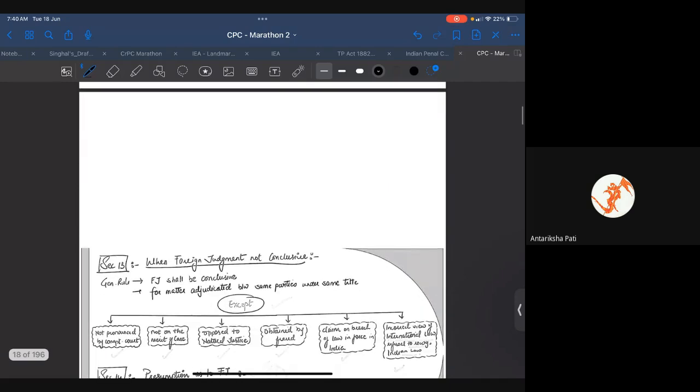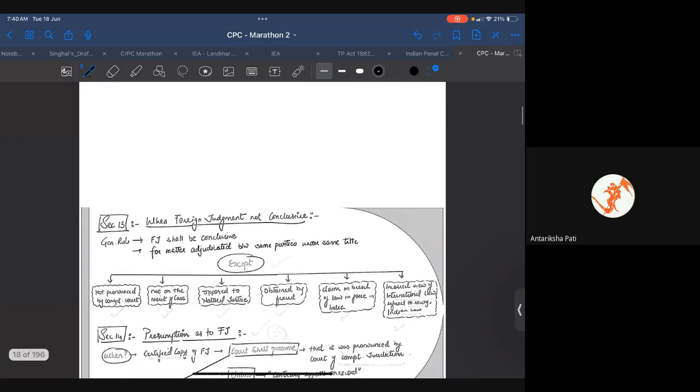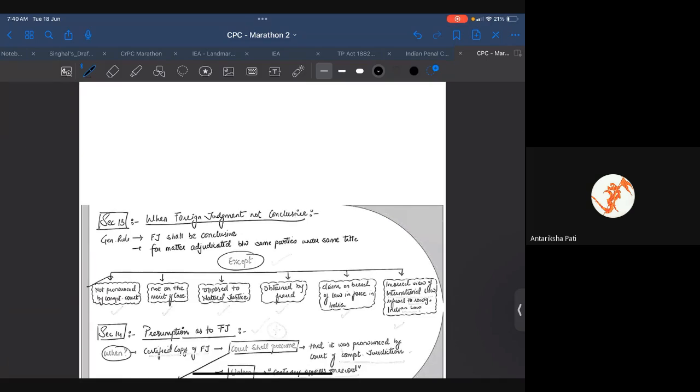Okay. Now, when is a foreign judgment not conclusive? Section 13 says the general rule is that a foreign judgment shall be conclusive for matters adjudicated between the same parties under the same title, except when it is not pronounced by a competent court, not on the merits of the case, opposed to natural justice, obtained by fraud, or based on a claim founded on a breach of law in force in India, or on an incorrect view of international law. In that case, this foreign judgment will not be conclusive.